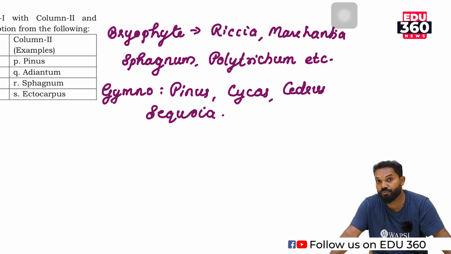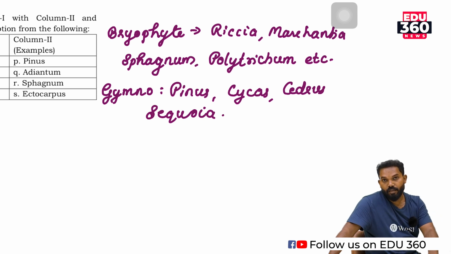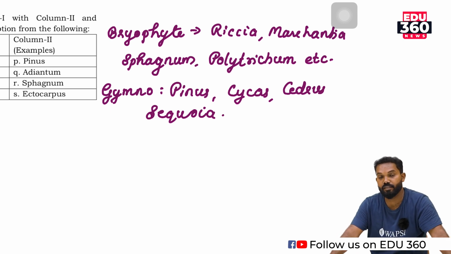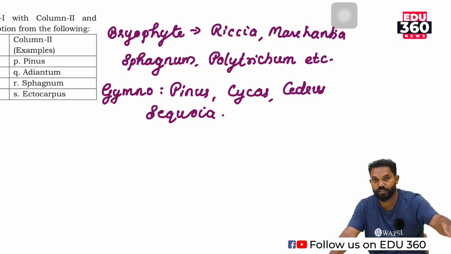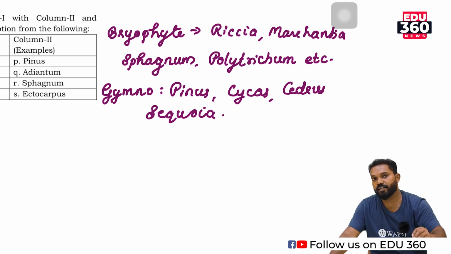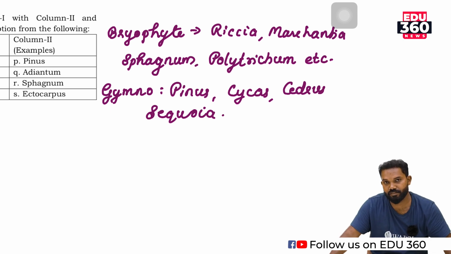It is a non-flowering plant, and there is no fruit formation because the ovary is absent. They are not very common in our region because they are cold loving plants. Many gymnosperms are trees, very rarely climbers or herbaceous.